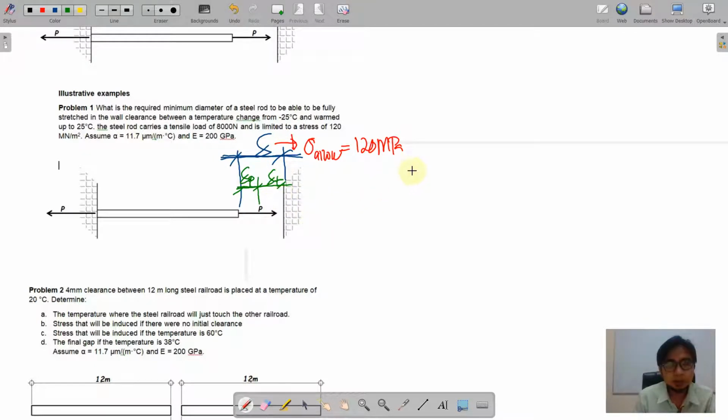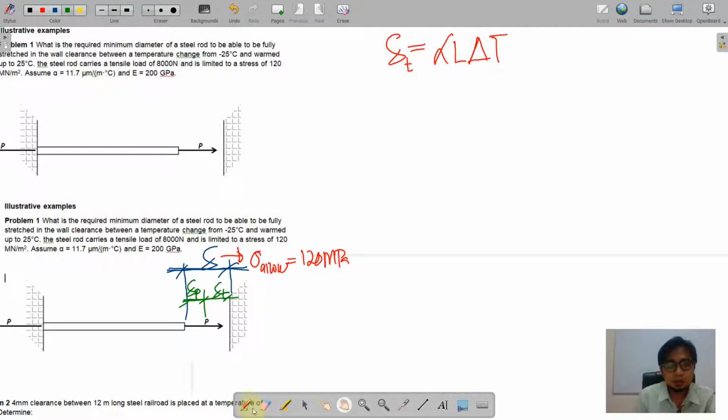Therefore, from this illustration we can now write the equation: delta is equal to delta due to the axial load plus delta due to temperature.